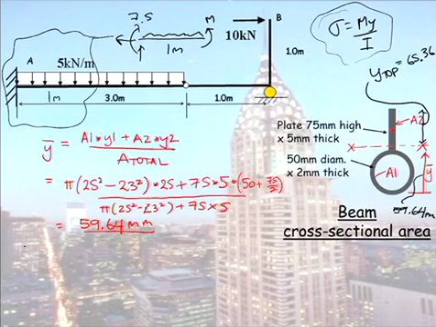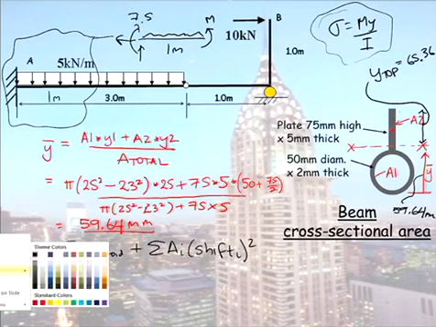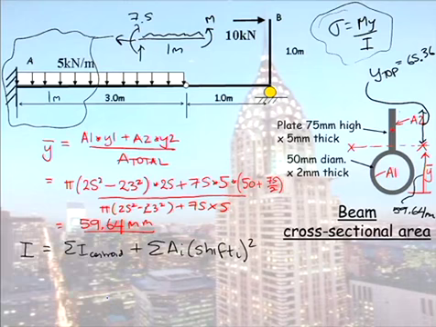So now I have to calculate my moment of inertia. It's a sum of all the individual I's about their own centroids, plus a sum of all the areas times their respective shifts. This is what people get confused by. So shift, let's move to a different colour again, purple.